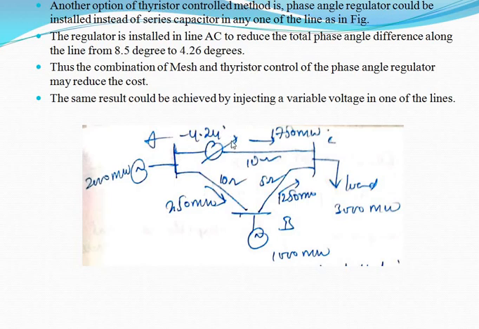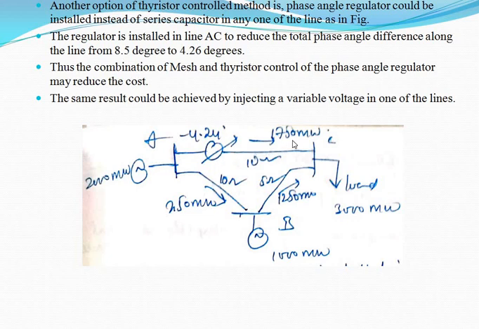So what happens, since the real power is proportional to sine delta, if we decrease the phase angle of this transmission line, correspondingly the sine delta increases. If sine delta increases, since it is proportional to the real power P, the real power of the transmission line increases.